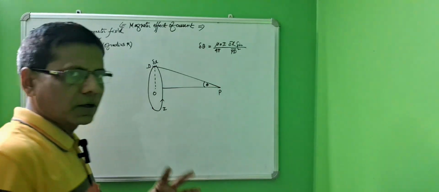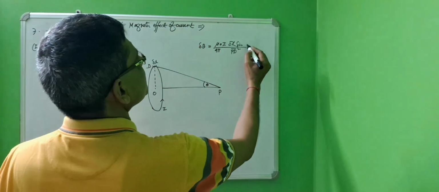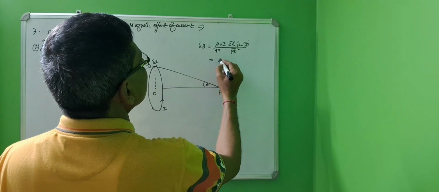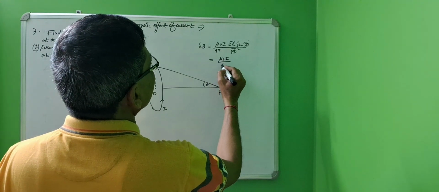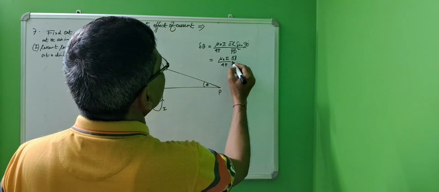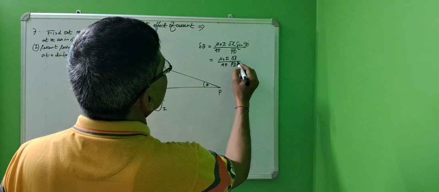So sin 90 degree equals, mu 0 I upon 4 pi, delta L upon PD square.